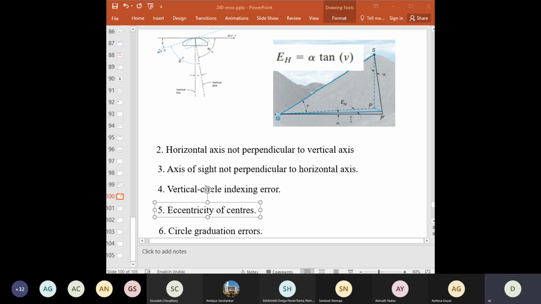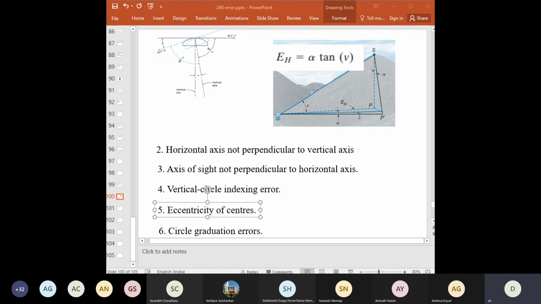And total stations are so robust that these errors are very small. However, if you handle it roughly, then these errors will be there. So we try to take as much precaution as possible.